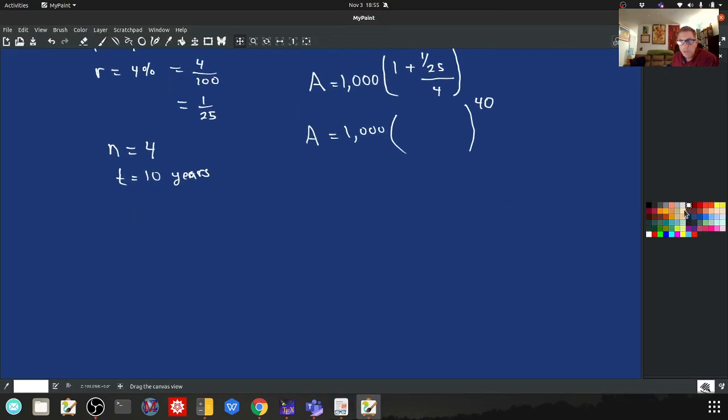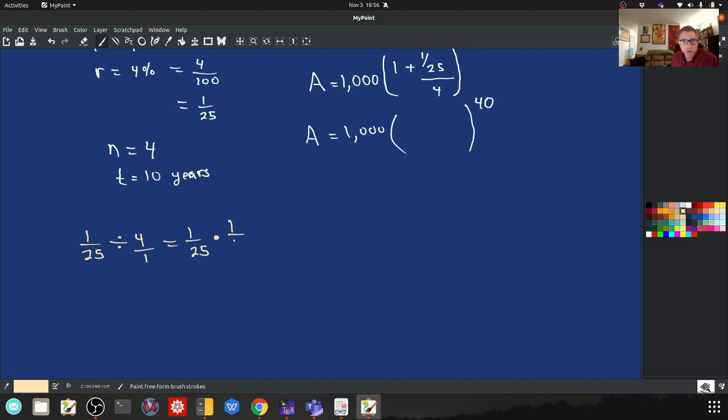So let's rewrite this as 1 over 25 divided by 4, and you can put that 4 over 1. I would really like to change this into a multiplication problem, and I can. I just wrote multiplication there rather than division. But the price I have to pay is I have to invert the 4 divided by 1.